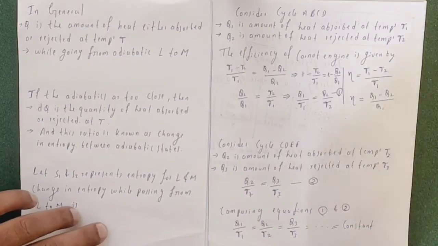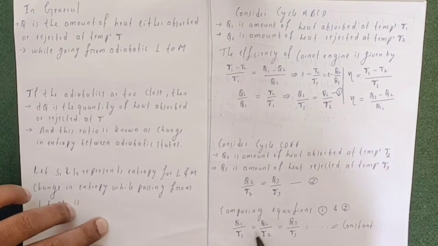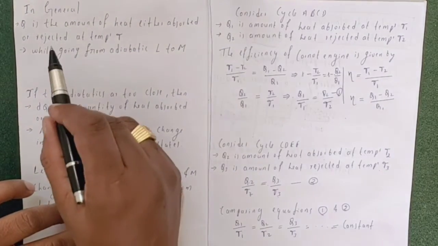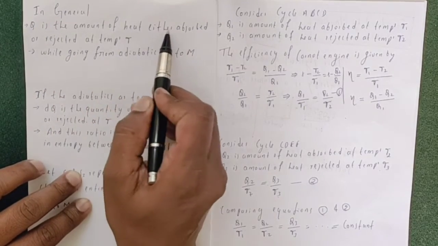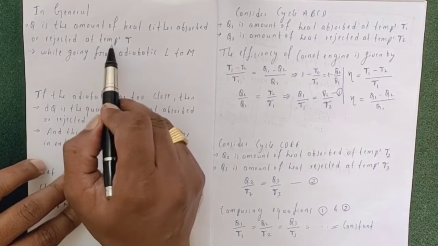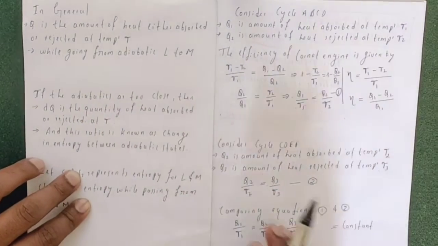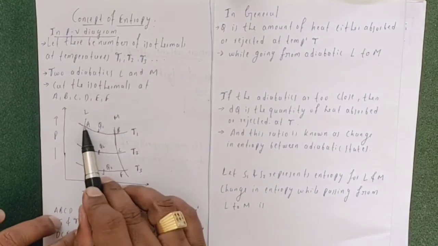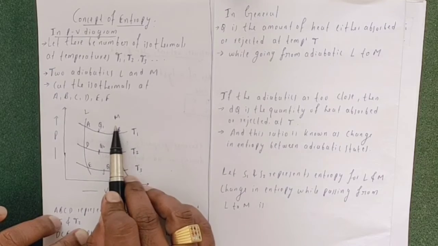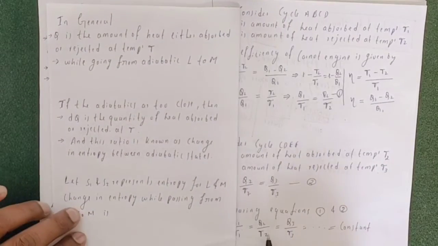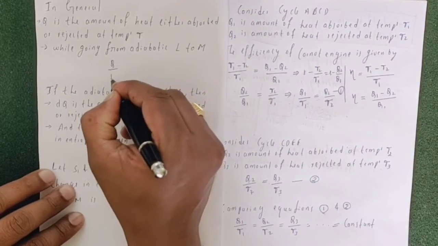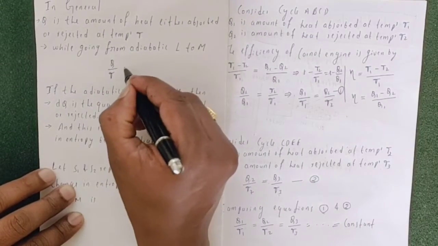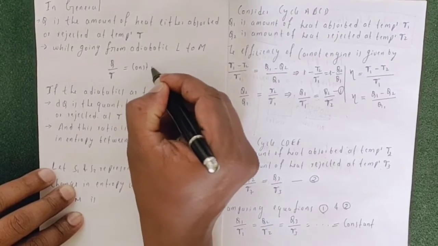In general, if Q is the amount of heat either absorbed or rejected at temperature T while going from adiabatic L to M, we can write Q divided by T equals a constant.